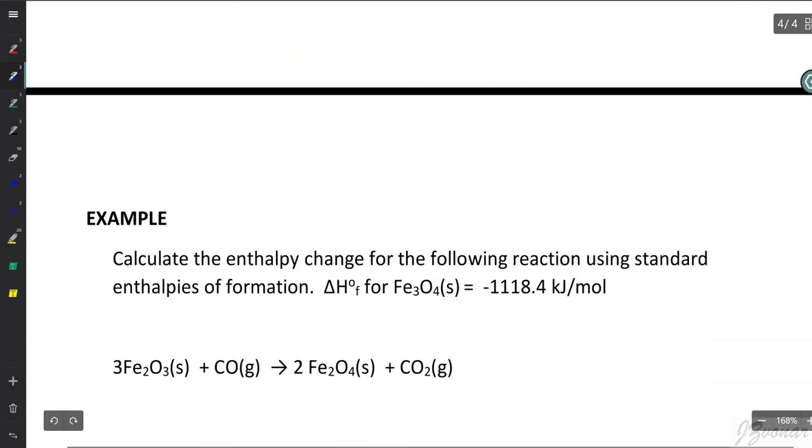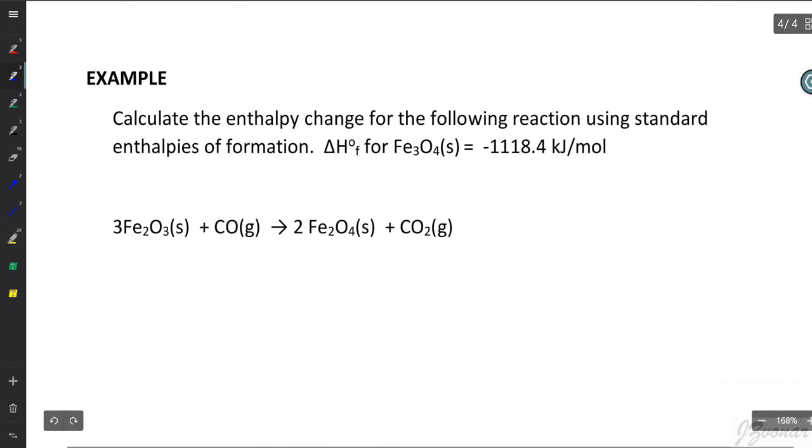All right, so let's take a look at this example. So it says here that we wish to calculate the enthalpy change for the following equation using the standard enthalpies of formation. They do give us a delta H of formation for iron(IV) oxide. It's been provided because chances are it's not found in the reference table that's in your textbook.